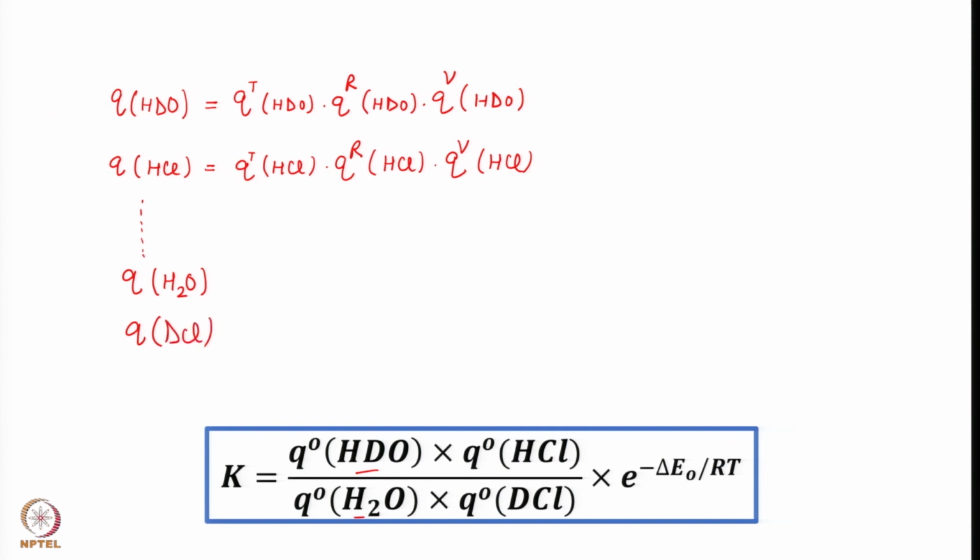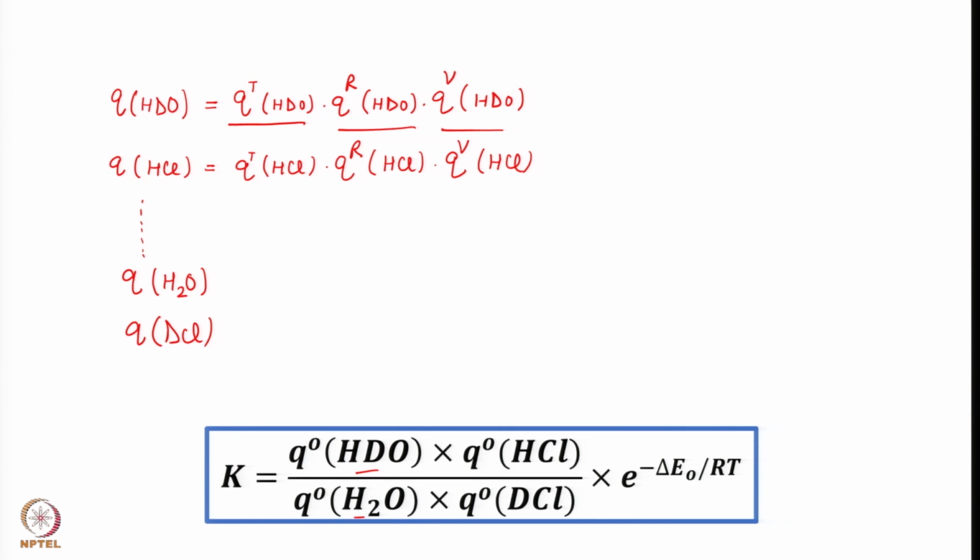Now, if you examine carefully, you will require QT, QR, QV for each molecule. So, you have this Q translational, Q rotational, Q vibrational for each molecule that you need to calculate. That means it can be a very cumbersome and very lengthy process.